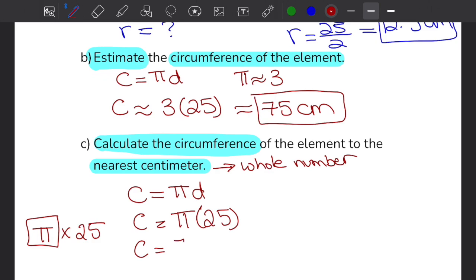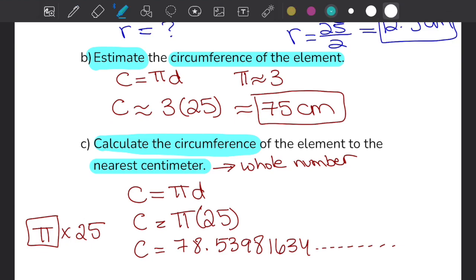We get 78.5398164, and it keeps going. Remember, we're rounding to the nearest whole number, so we should only have 2 numbers here. We're going to look at this decimal place. It is 5, which means that the circumference is equal to 79 centimeters.